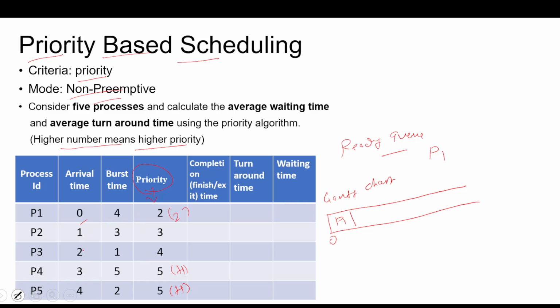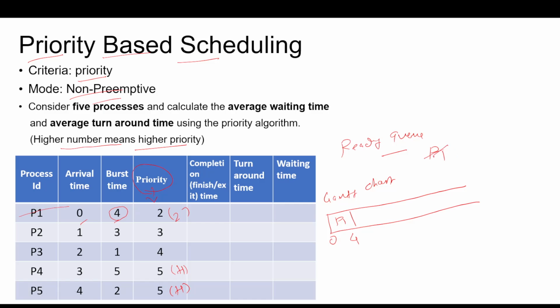You can see no other processes are there in the ready queue, so we directly execute process P1. The mode is non-preemption, which means complete execution up to the burst time will be there. So the P1 process will be completely executed for 4 units, and then P1 is done.